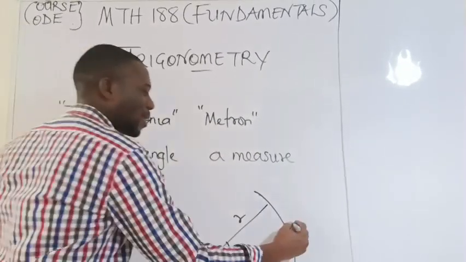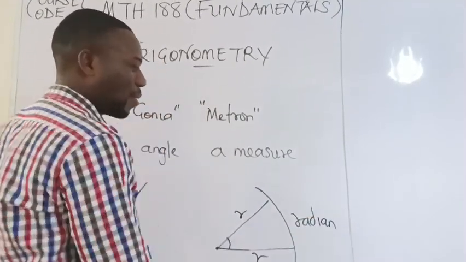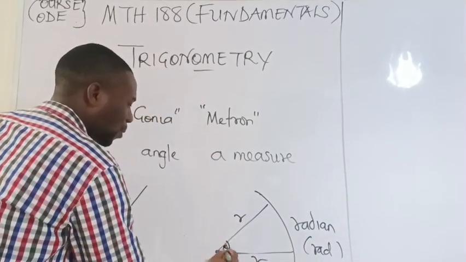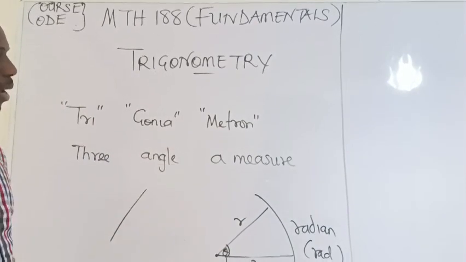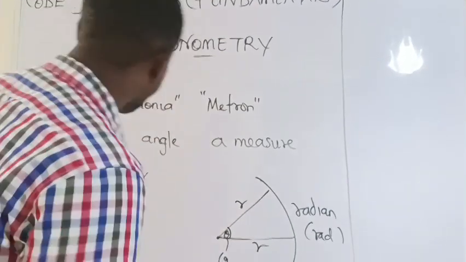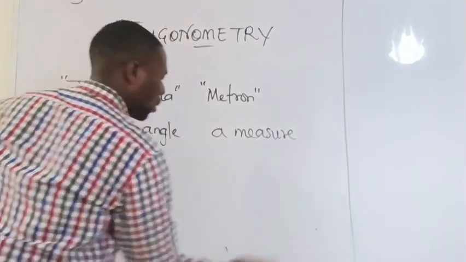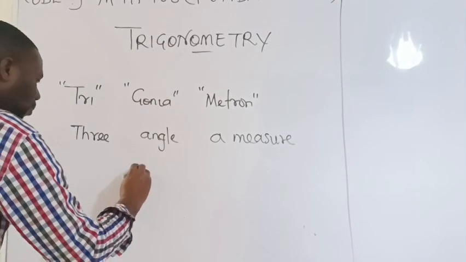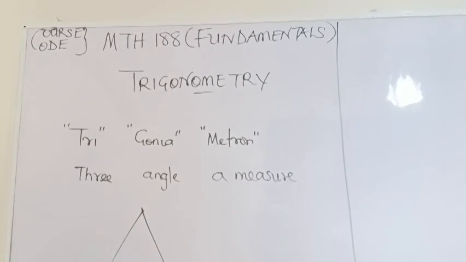So this is a measure of the angle in radians, and this angle theta could also be in degrees. So this is simply how angles are formed. So for a triangle, a measure of 3 angles, you have something like so. This is just a generic representation of a triangle.